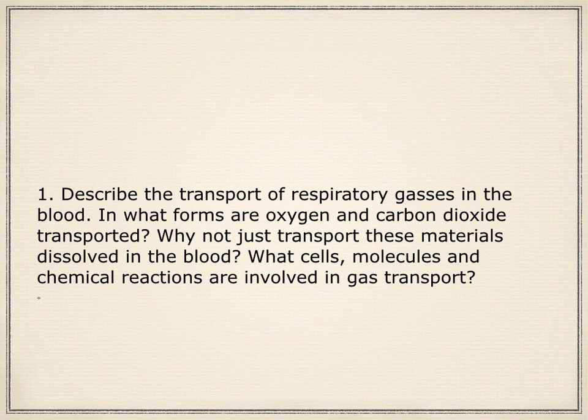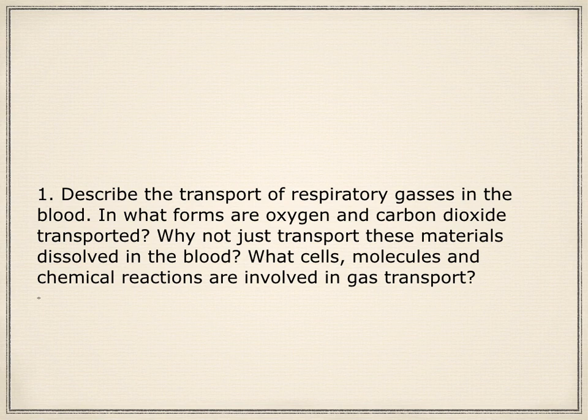Carbon dioxide is a little more complex. Carbon dioxide reacts with water to produce carbonic acid, which dissociates into hydrogen ions and bicarbonate. Okay, this naturally happens, but red blood cells contain an enzyme that can make it happen more quickly.